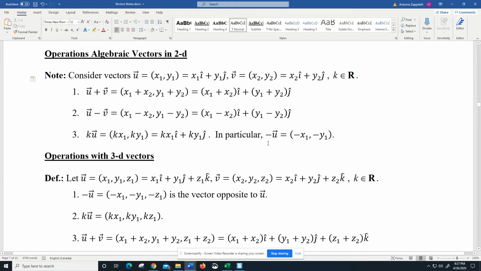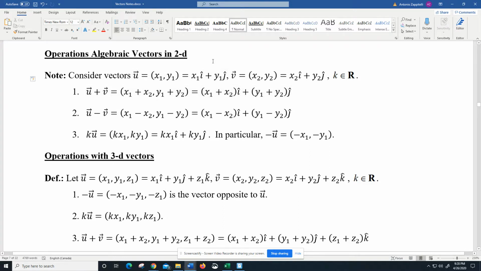So here we have now our operations on algebraic vectors. Okay, so I'm going to focus more on the traditional way of writing out algebraic vectors. You can also use the standard basis vectors, but that's not what I'm going to focus on. So here, if I want to add two vectors, whether in 2D or 3D, all I have to do is add the individual components.